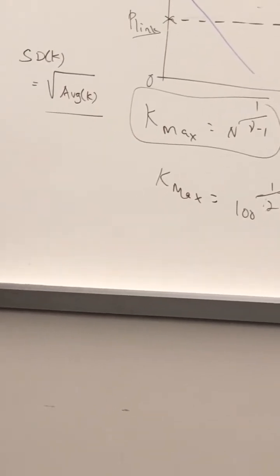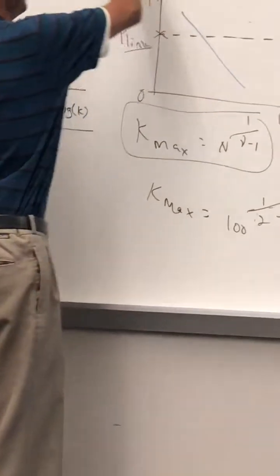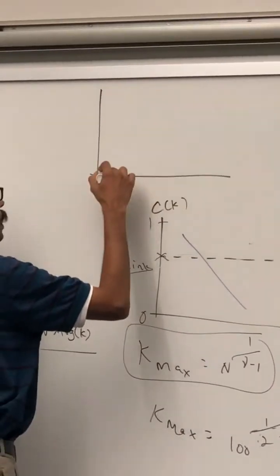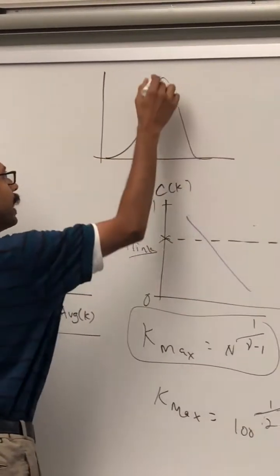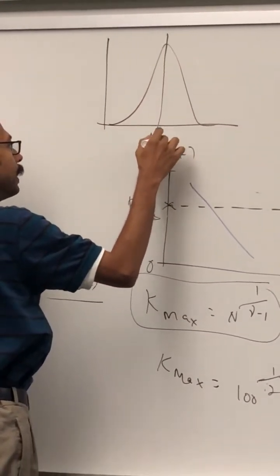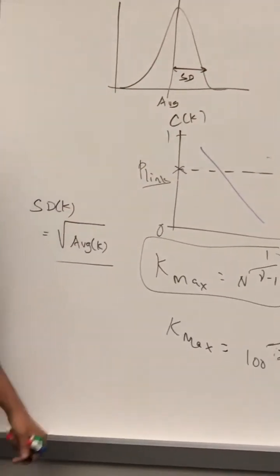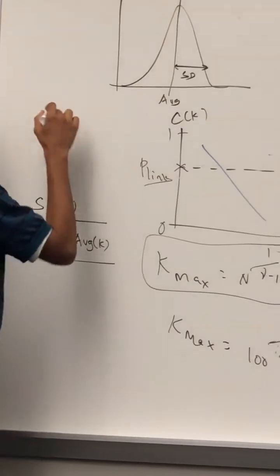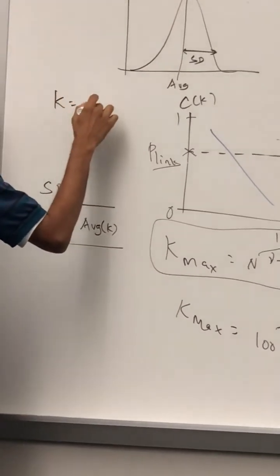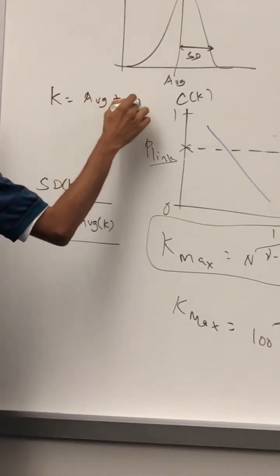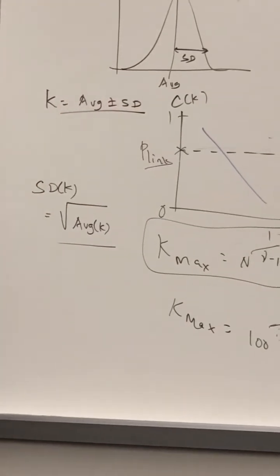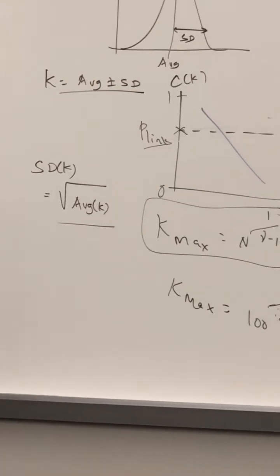So I said most of the degree values of the nodes will be in this range, right? So this is your average and this is your standard deviation. So we say the degree values are in the range, the average plus or minus standard deviation, right? So this is like a scale for the degree values.